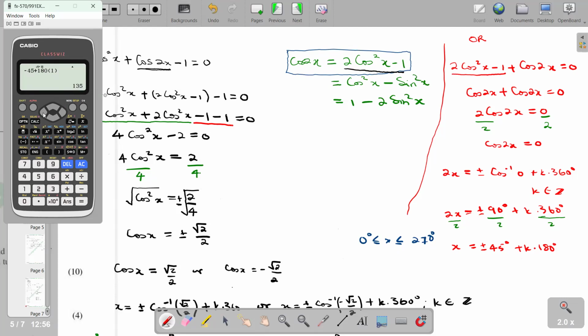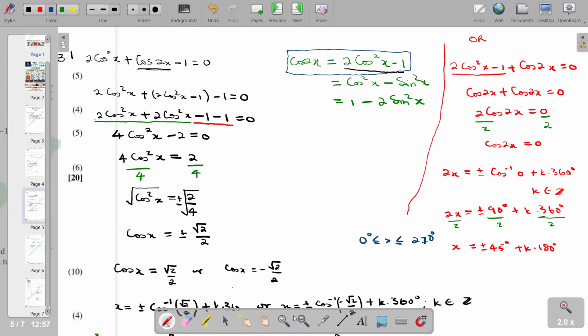Let us go and substitute a 0. If we substitute a 0, we now have -45. -45 is outside the range. So eventually, our answers, we managed to get our x.